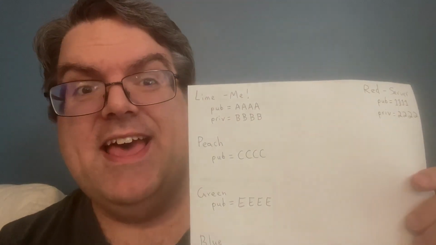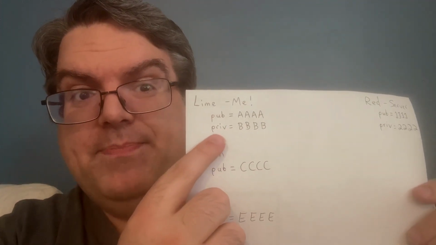So, cool. Let's talk about a bunch of nodes. The source node is Lime. That's me. In fact, I've written it out here with a bunch of keys so we can take a look at this. I'm Lime right here at the top, and I want to get a message over to Red.